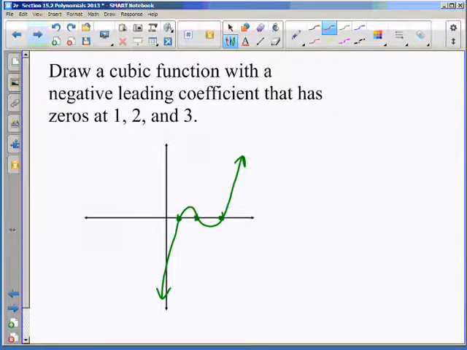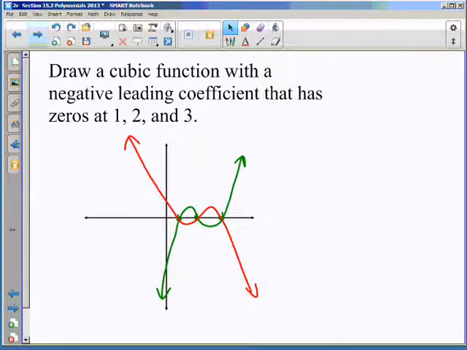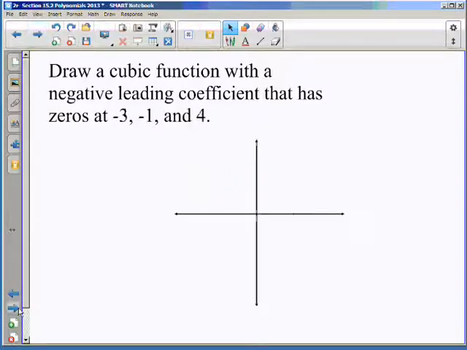Or if the leading coefficient was negative, it could have essentially a negative sloped line that has squiggles. That would look something like this. There's an infinite amount of possible correct answers, but considering that there are two options for how this thing starts and ends, we could look at either of these. But it has to cross the x-axis at those points 1, 2, and 3.